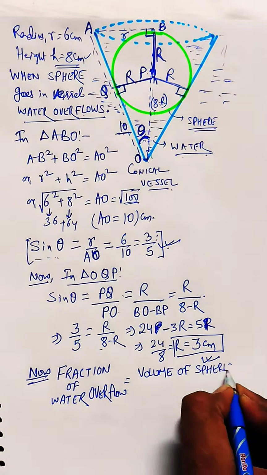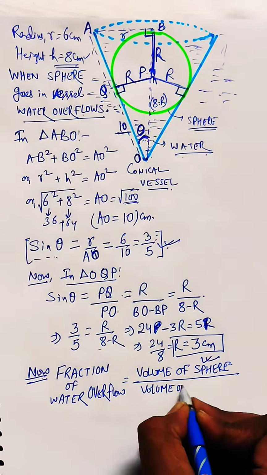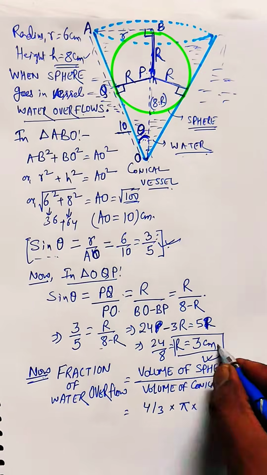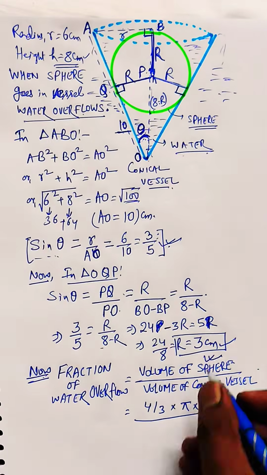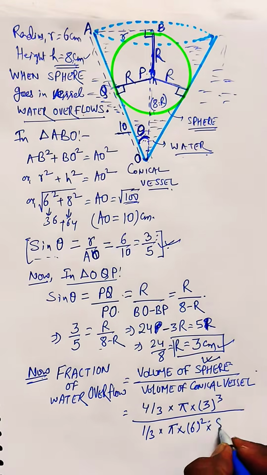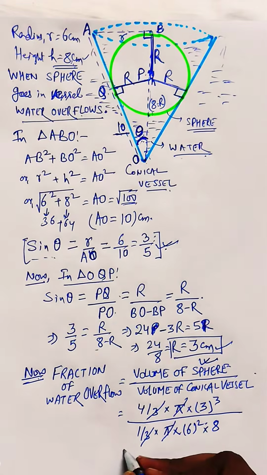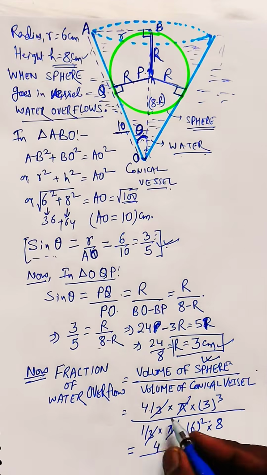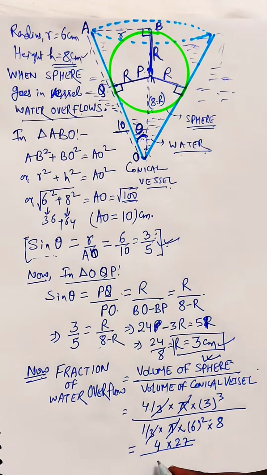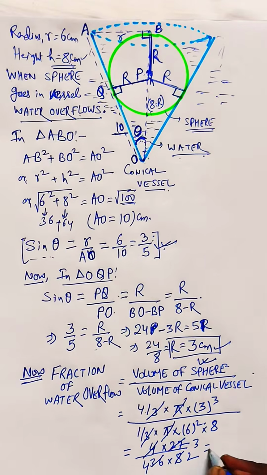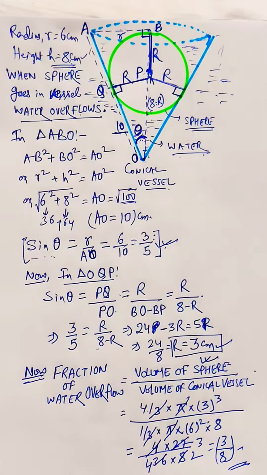And the fraction of water that overflows is given by the volume of the sphere divided by the volume of the conical vessel, right? Volume of the sphere is 4 by 3 pi R cube, where capital R is the radius, which we have calculated as 3. Just put in the value. The volume of the conical vessel is 1 by 3 pi r square h, because we know the volume of a cone is 1 by 3 pi r square h.